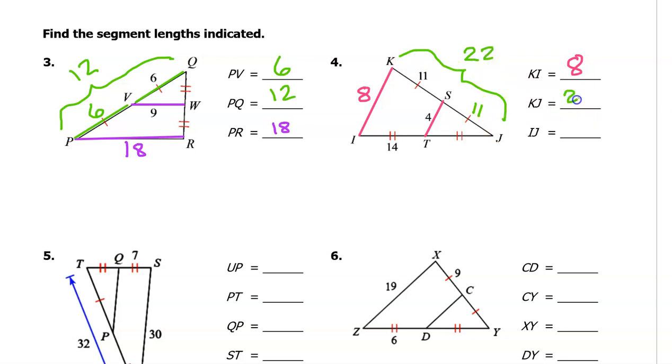So KJ is 22. Now we need to know what the length of IJ is. Well, that's going to be almost the same thing. If IT is 14, that means TJ is also 14, which means that the total distance from I to J is 28.